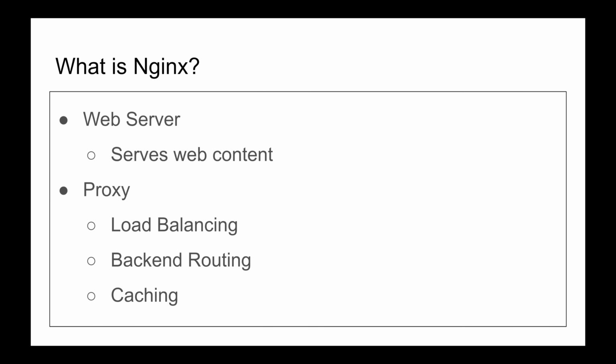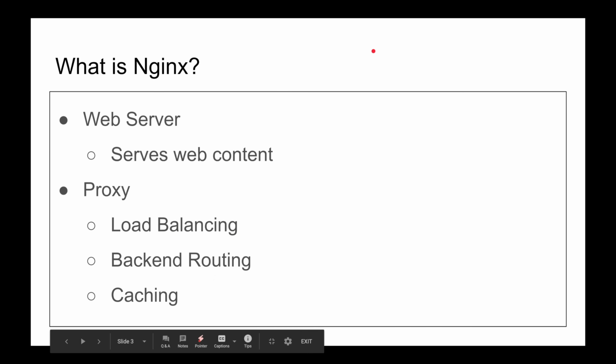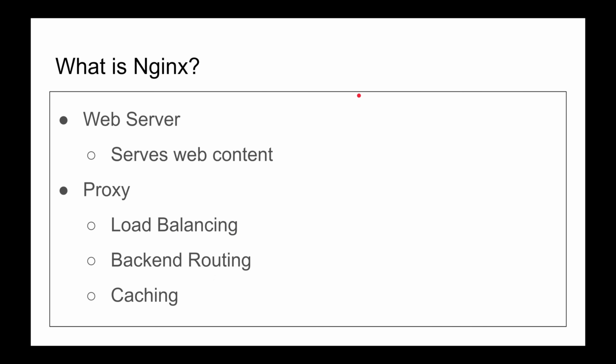Versus /app2, which is actually a huge app that consumes a lot of resources and we need as many servers as possible. So here's a pool of 20 backend services, so hit those instead. You can do something clever like that with proxying. And you can do caching as well. So that's Nginx.